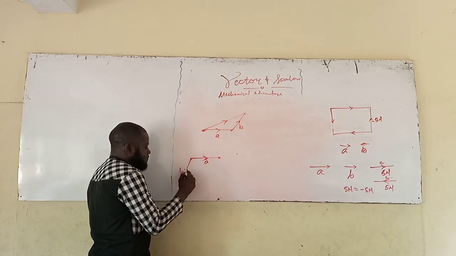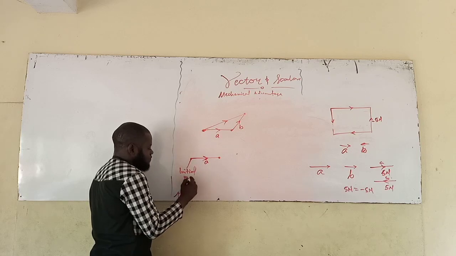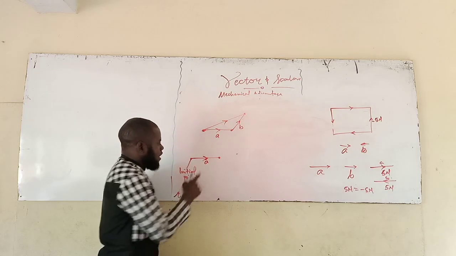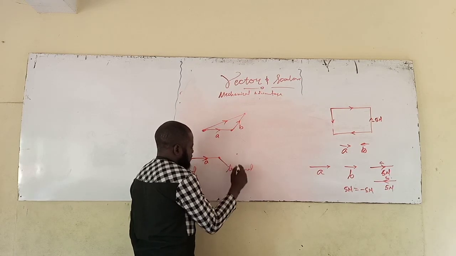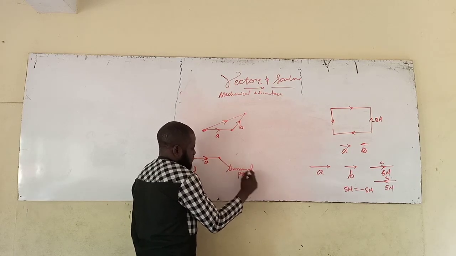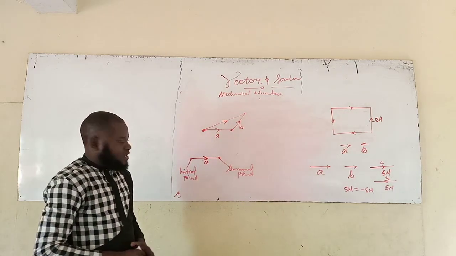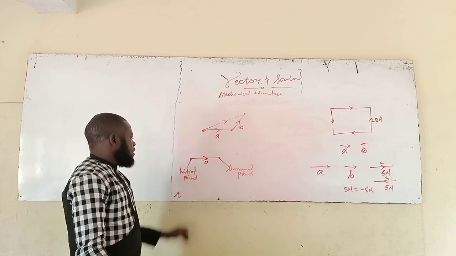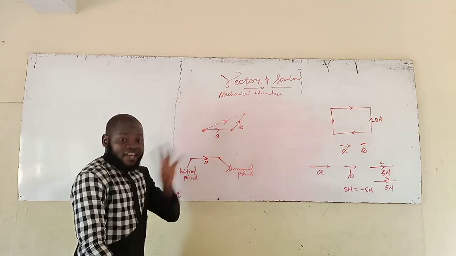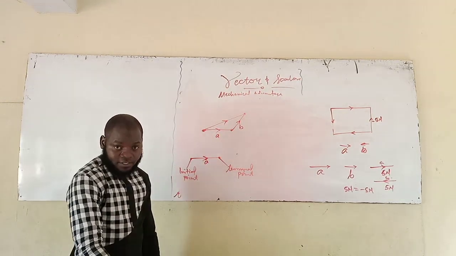Initial point and the terminal point. I see this now. It has an initial point and a terminal point. Look at these two. For all vectors, they always have this reference point.